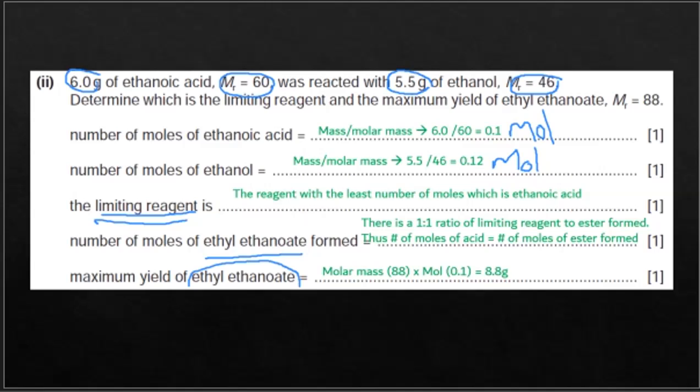To find mass, we multiply moles by molar mass. The molar mass from the question is 88, and because of the 1-to-1 ratio, the number of moles is 0.1. And 88 multiplied by 0.1 gives us 8.8 grams of ethyl ethanoate being produced.